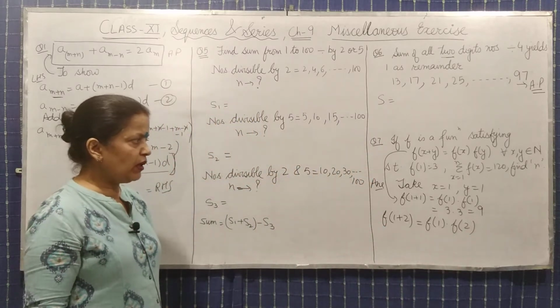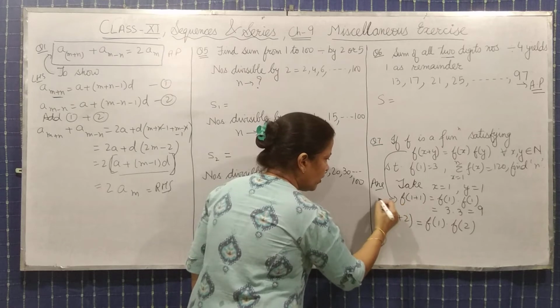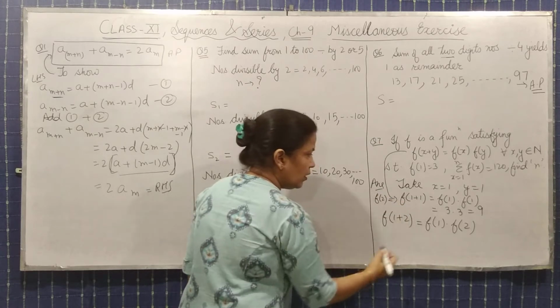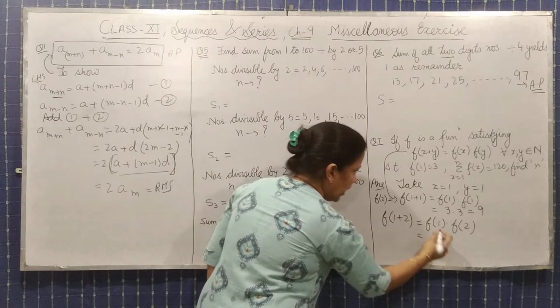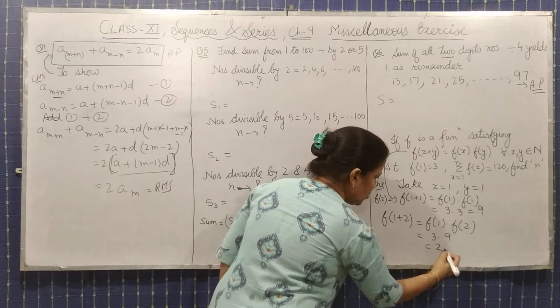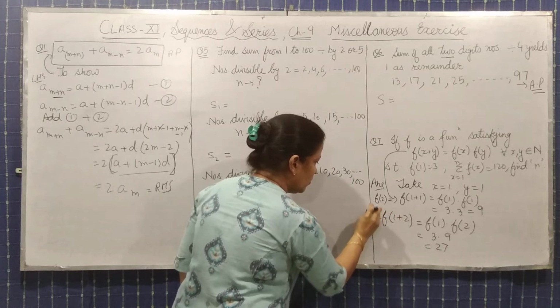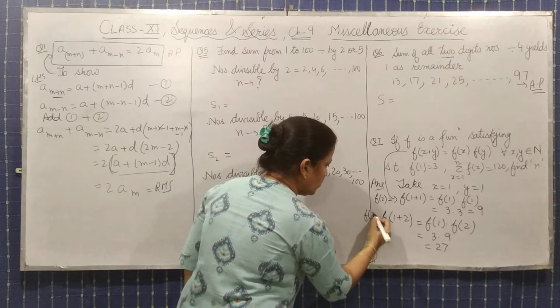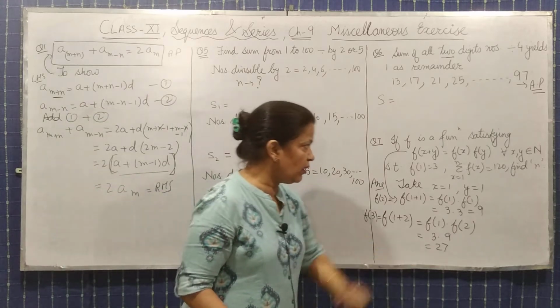This number you will get. और यहाँ पे ये देखिए, this is f(2). So what will you get? f(1) is 3 and f(2) is 9. So it will come as 27. This is f(3). f(3) you will get as 27.